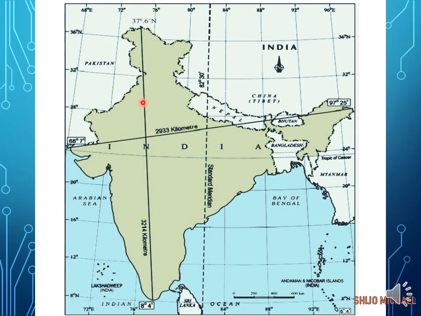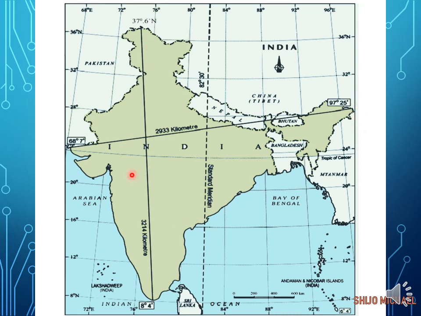Here in this picture also you can see the location of India. India is lying in between which latitudes? Here you see 37 degrees 6 minutes north latitude, and here you can see 8 degrees 4 minutes north latitude, because India lies in the northern hemisphere, so in between two northern latitudes. The same with longitudes, India lies in between two eastern longitudes, that is 68 degrees 7 minutes eastern longitude and 97 degrees 25 minutes eastern longitude.